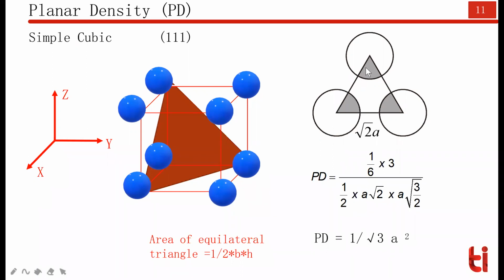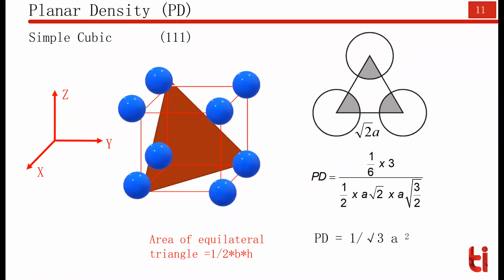Therefore, each atom contributes only 1/6 to the plane, and we have 3 such atoms. So the effective number of atoms will be 3 multiplied by 1/6, which gives you half. This means only half of the total number of atoms is present on the 111 plane.